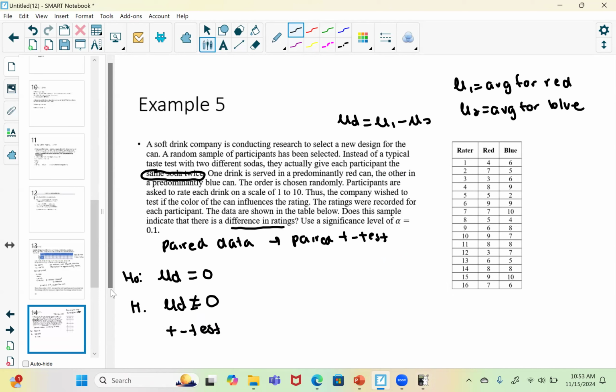So we're going to put red in L1. And again, you're going to tell me this somewhere on your paper, and blue in L2. Okay, I want you to write that because I'm not going to assume necessarily the first listed in L1. You don't have to do it that way. So we're going to plug in our values.